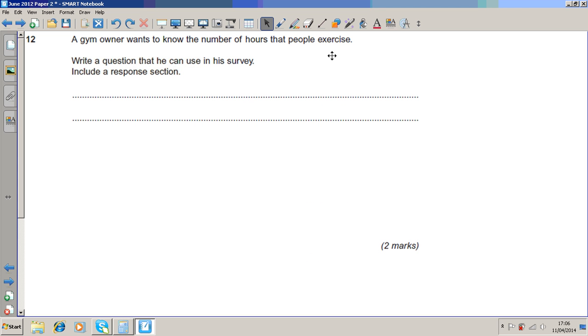Number 12. A gym owner wants to know the number of hours that people exercise. Write a question they can use in a survey. Include a response section. It's like a tick box section.